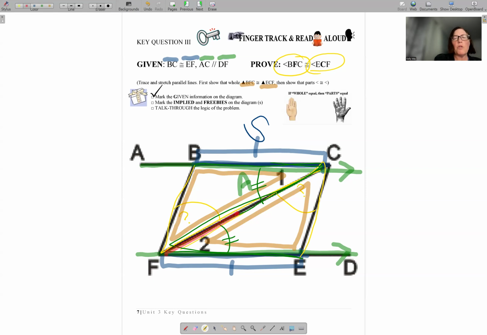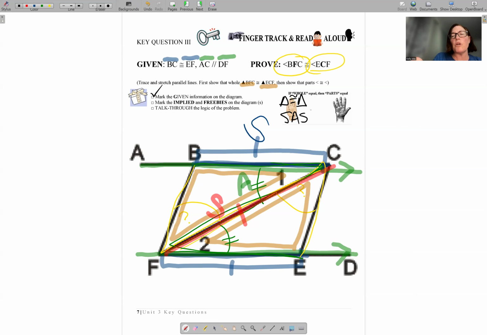Then down the middle, you have a reflexive side. So we know our triangles are going to be congruent by side angle side. That's our triangles congruent.